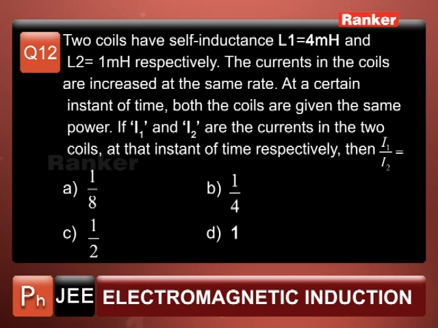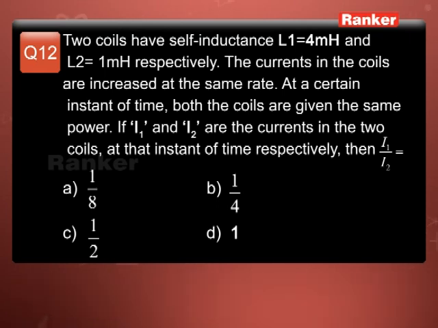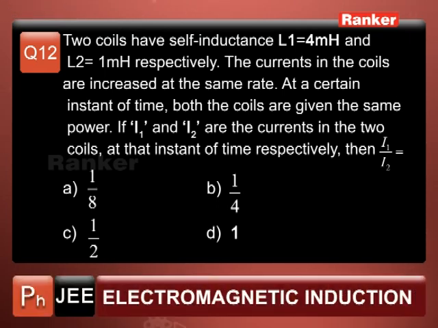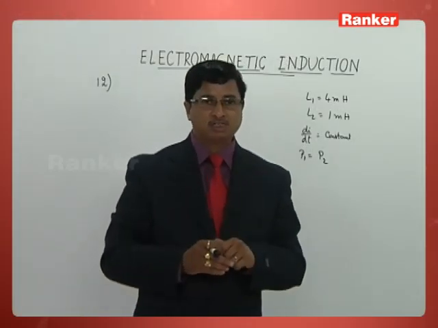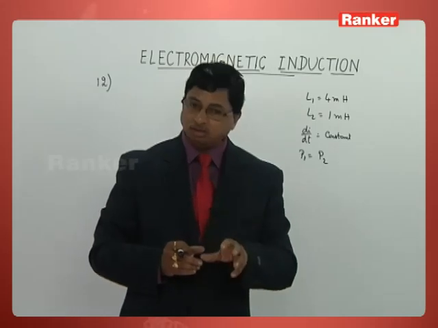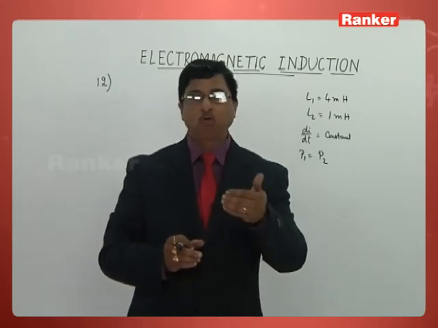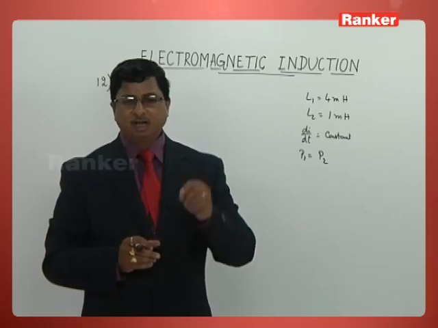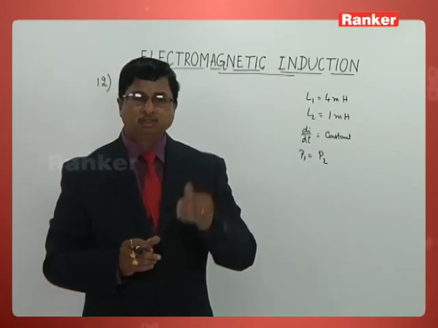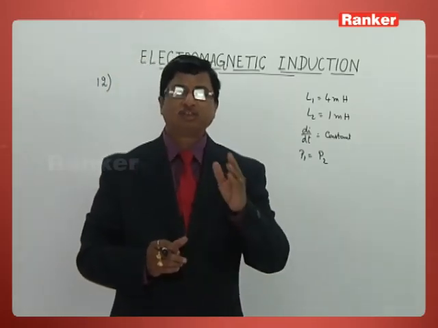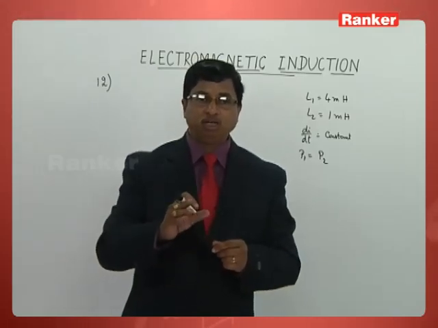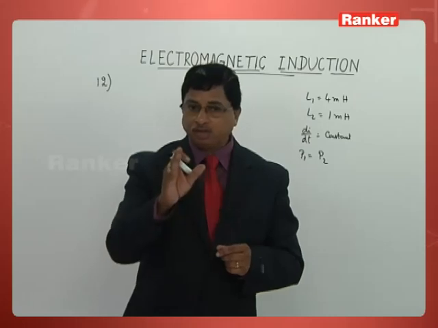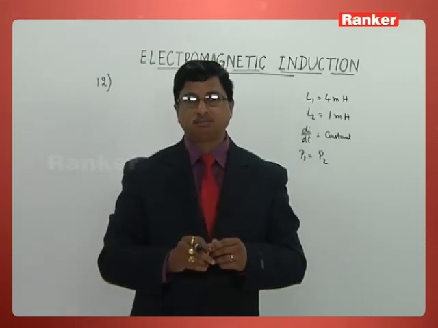And fourth option he gave as 1, that means I1 and I2 are equal according to this fourth option. Whichever one is correct, we have to pick now. The correct option for this problem is the second one. That's I1 by I2 is going to be 1 over 4. That is the correct option for us.